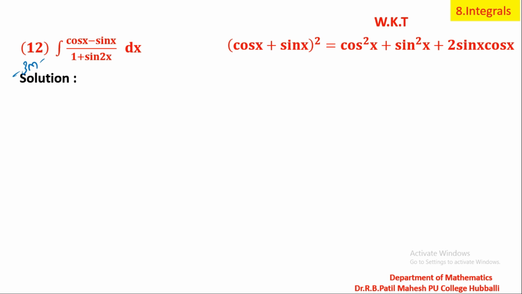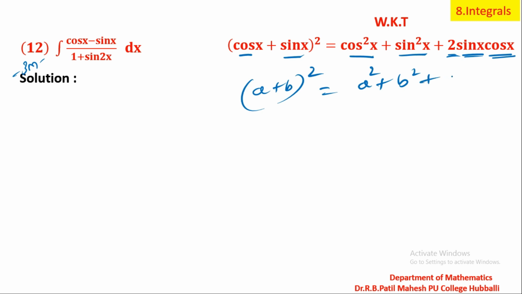Hope you are understanding. Cos x plus sin x the whole square is cos square x plus sin square x plus 2 cos x into sin x, using the a plus b the whole square formula, that is a square plus b square plus 2ab.